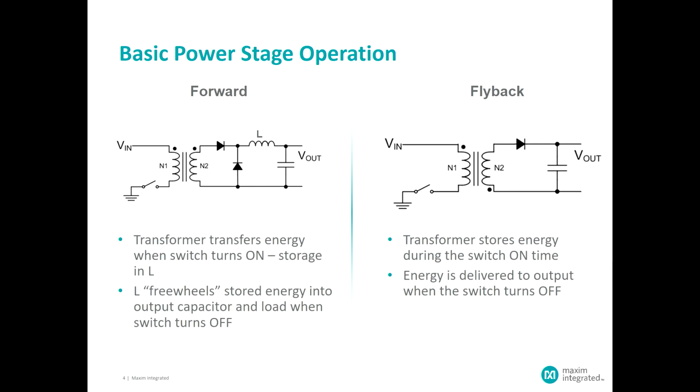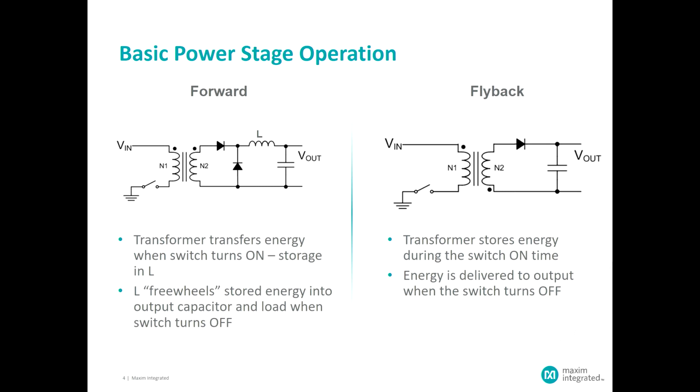Now, when the switch is closed and the primary gets positive voltage at the dot, the positive voltage is at the lower end of the secondary, which means the upper end is negative, so that diode cannot conduct, and the only current that can flow at all is from the output capacitor out to the load. There's no secondary current flowing.